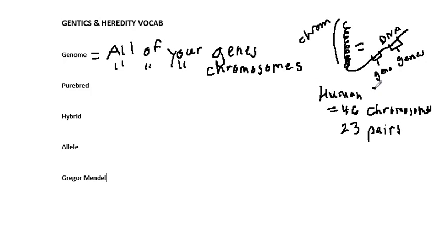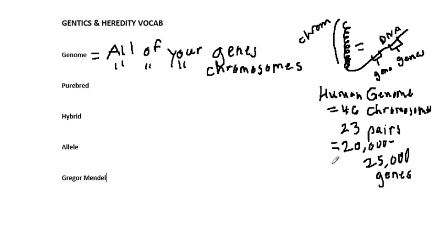So human genome, 46 chromosomes, 23 pairs. Human genome also has about 20,000, 25,000 genes. So on those 46 chromosomes, we have about 20 to 25,000 genes.